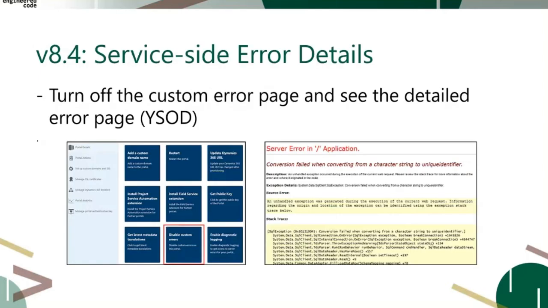So the first feature that I'll get into here is the server-side error details. I'm a developer, technical background. This was awesome when we first found out about it. In the past, if you were to do something in your portal that caused the portal to generate a server-side error, the error message that you got was close to useless.